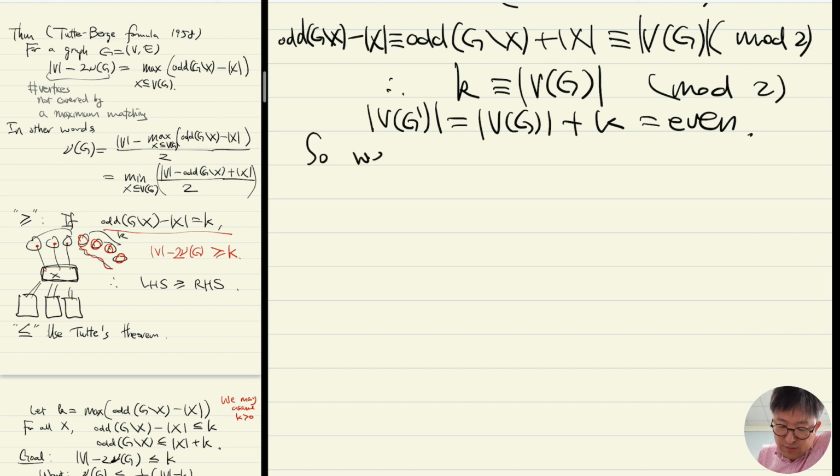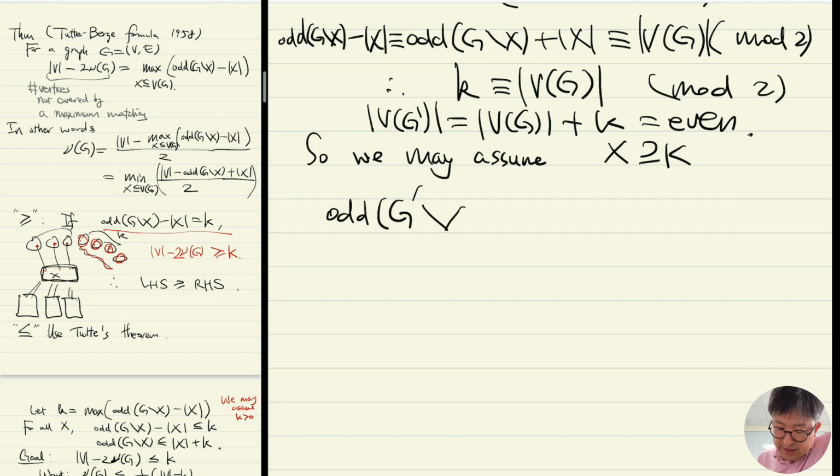So we may assume X covers K. Then what is the number of odd components of G prime delete X?